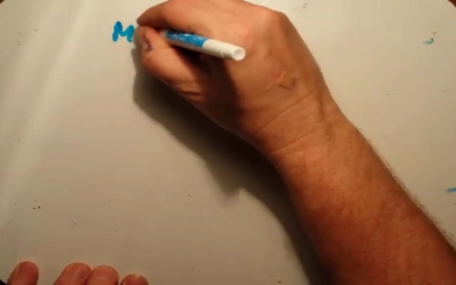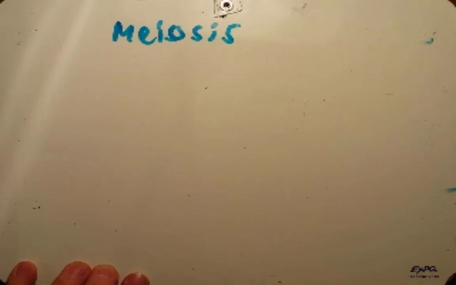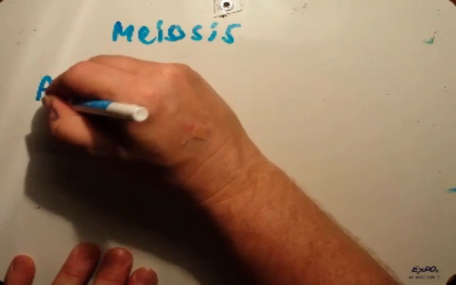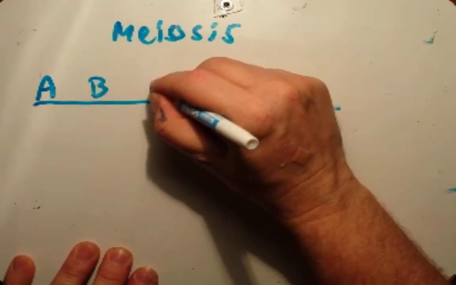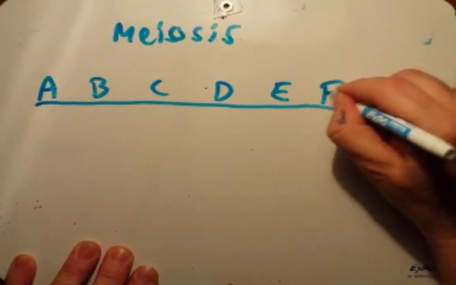Now I want to talk about meiosis and crossing over. And that is, can synapsis occur during prophase 1? Because remember, they have to line up properly. And we're going to see a similar solution as we saw with the deletions. Again, let's say we have A, B, C, D, E, F here.